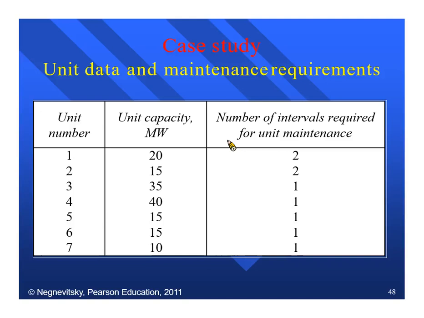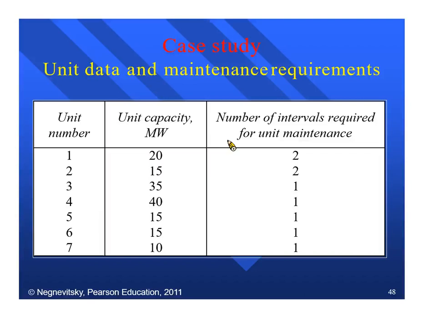So we look at this unit data and maintenance requirement. For example, we have 7 units. Every unit, in fact, is a working power machine. Unit 1 has a unit capacity of 20 MW, and the number of intervals required for unit maintenance is 2 seasons, because 1 year has 4 seasons.